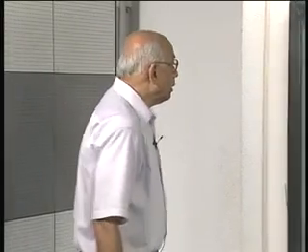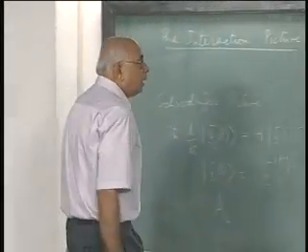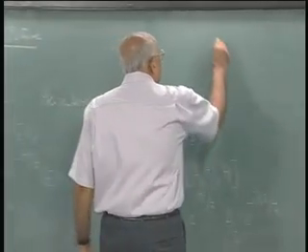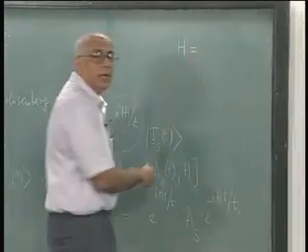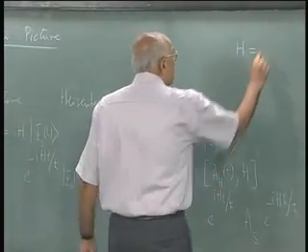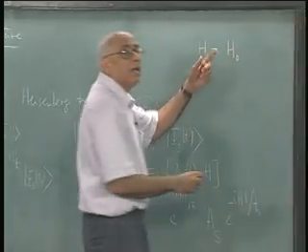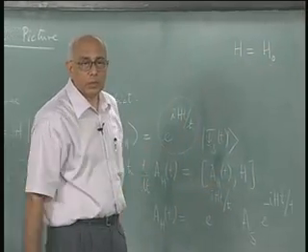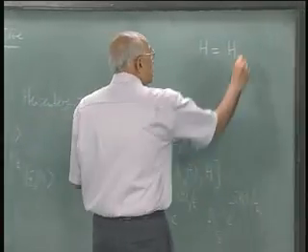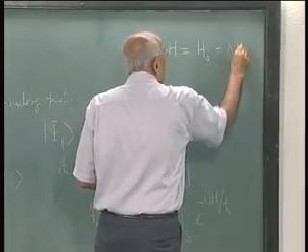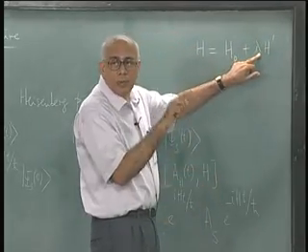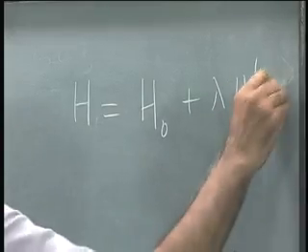So what Dirac did was to say the cases we are going to look at are generally going to have a total Hamiltonian of the form H naught, which is time independent and which you presumably can solve, plus the perturbation which we have been writing down as H prime, and it is possible that this quantity is time dependent.